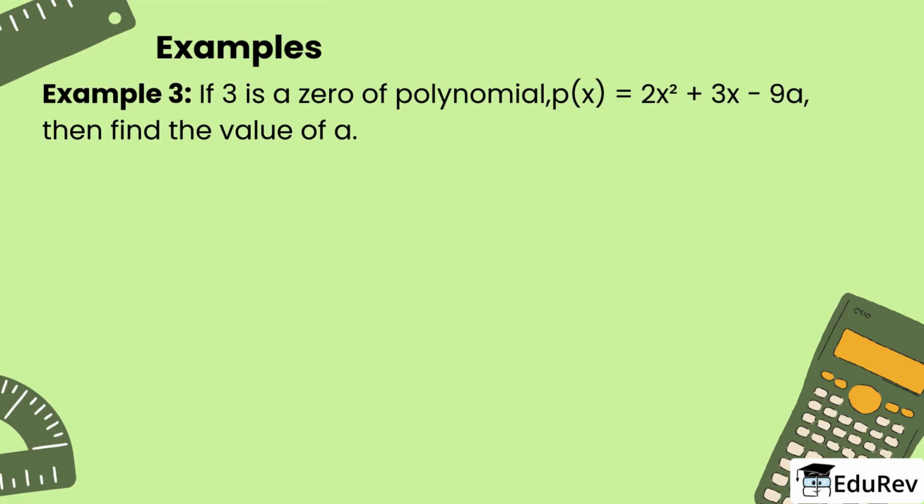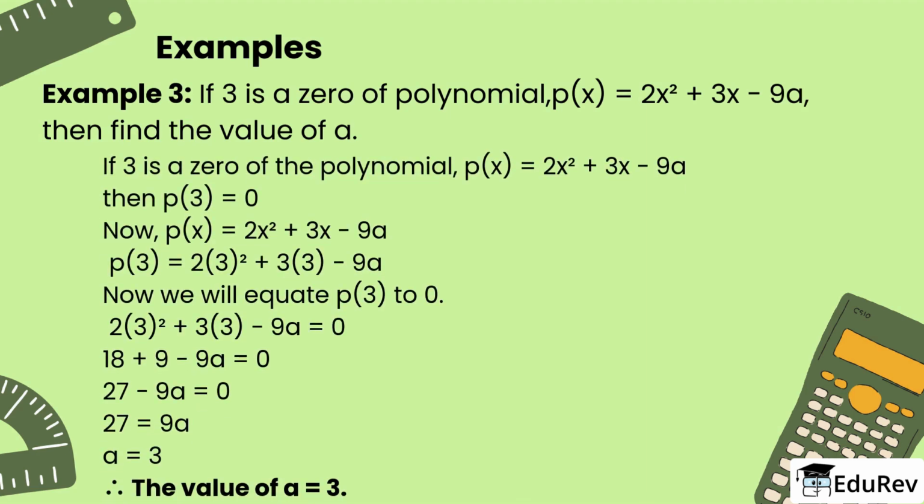If 3 is a zero of the polynomial p of x equals 2x square plus 3x minus 9a, then find the value of a. If 3 is a zero of the polynomial, then p of 3 equals 0.